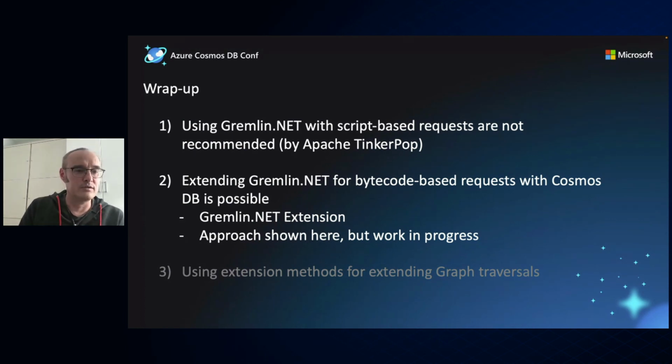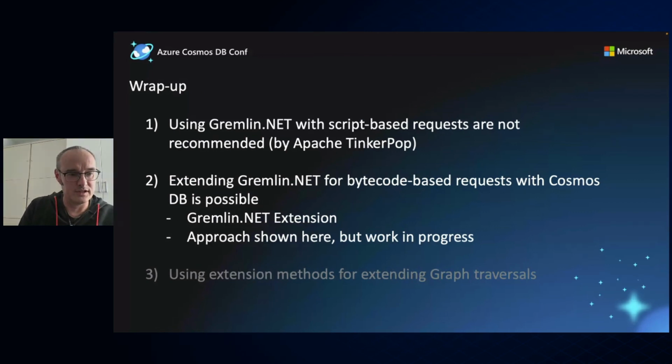We are currently creating our own one so that we can have kind of pure bytecode-based requests. And which was not shown, it's the third point here. It's grayed out a little bit because I have not shown it in the slide so far.